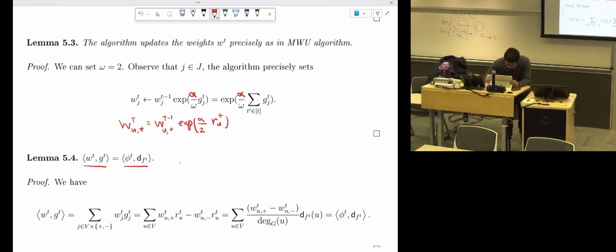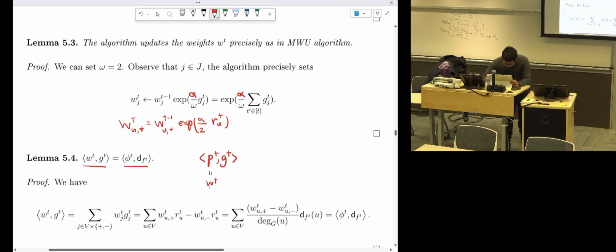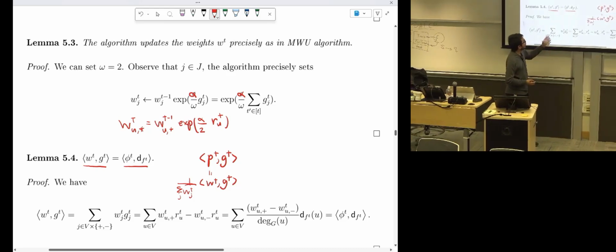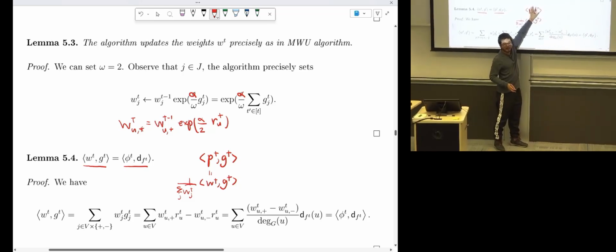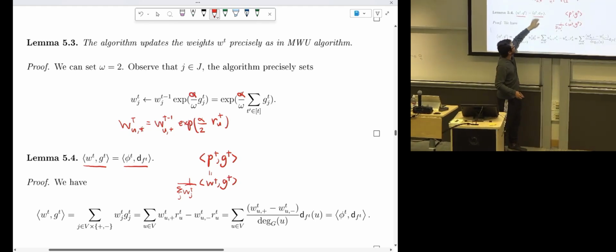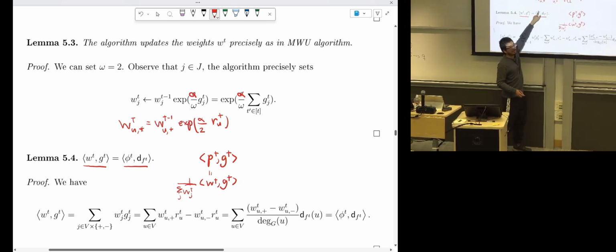Note that in the weight update algorithm, we look at the inner product of PT with GT, but PT is just the same as WT scaled down by the sum of W. So far, I just claim that this thing is something that we look at in the weight update algorithm, and it has a really tight relationship with this thing by scaling, and this thing has something to do with what appears in our algorithm.